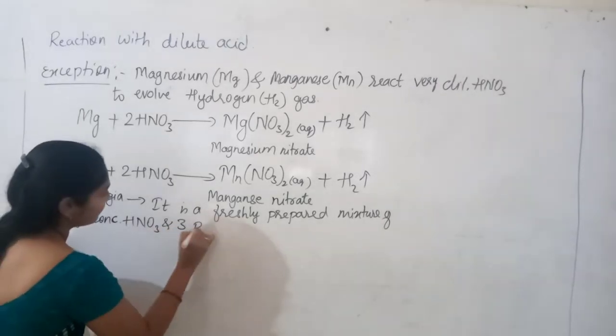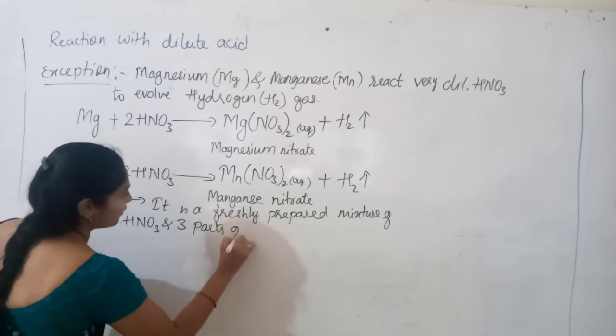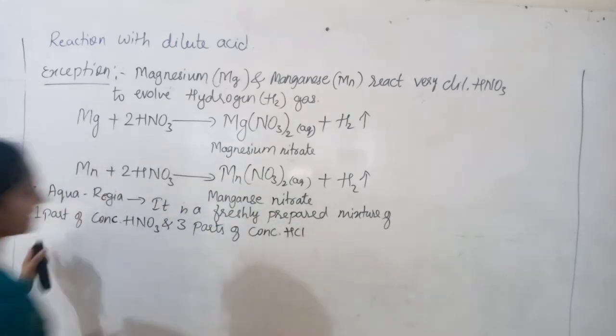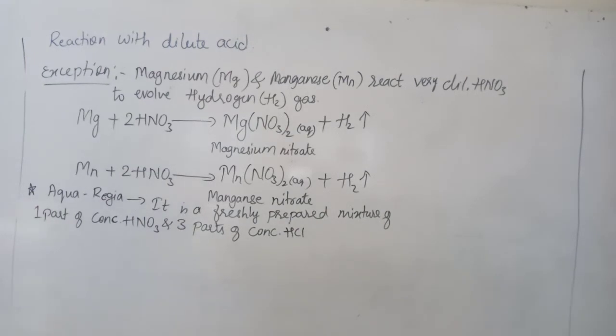Children, we write concentrated as CONC with a dot. It indicates concentrated. Remember, 1 part of concentrated HNO3 and 3 parts of concentrated HCl. And it is a highly corrosive and fuming liquid.